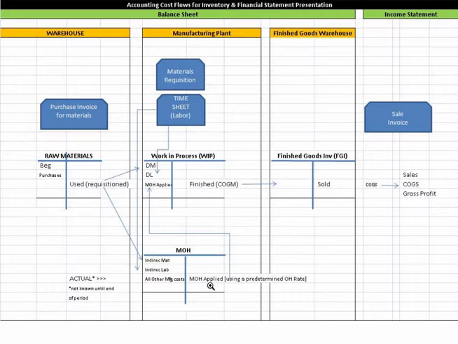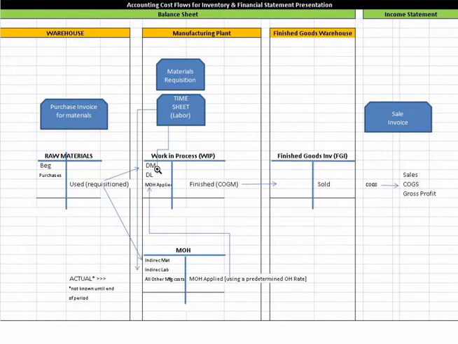It's an estimation based on some kind of predetermined cost driver, and that takes a little more explaining, so you can look at the book, or I can maybe produce another video later just focusing on MOH applied. So there's a difference between actual debit side and applied, and it could end up with a balance at the end, because you don't know the actual until the end of the year. That's the reason you have to do applied. So you basically assume something and you apply it into WIP.